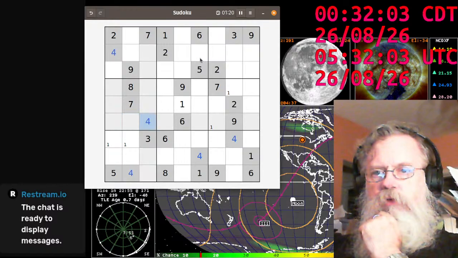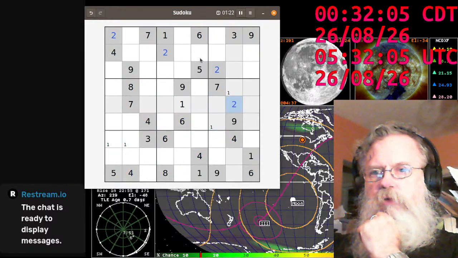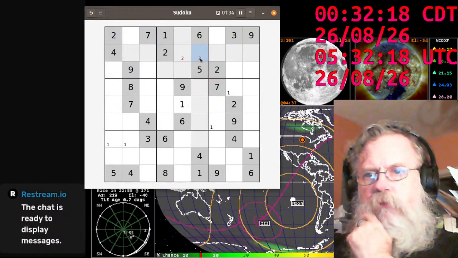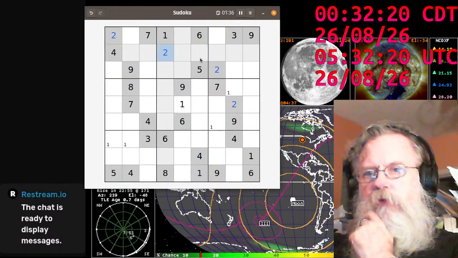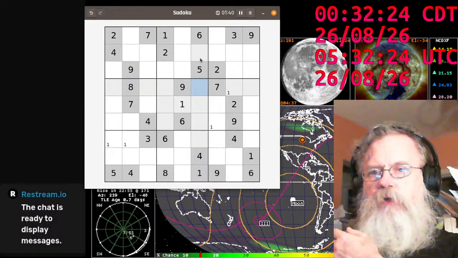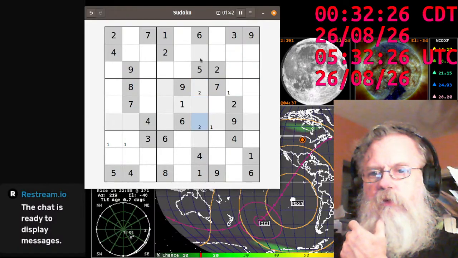So how about 2s? Get a 2 here. One of these 2 will be a 2, because that's a 2. No, neither of these 2 will be a 2, because there's a 2 right there. All right, one of these 2 is going to be a 2.